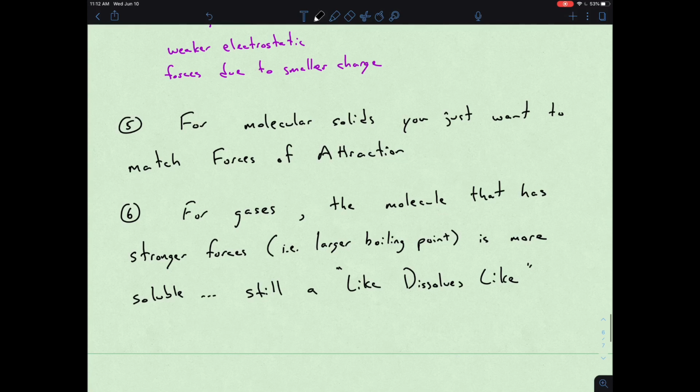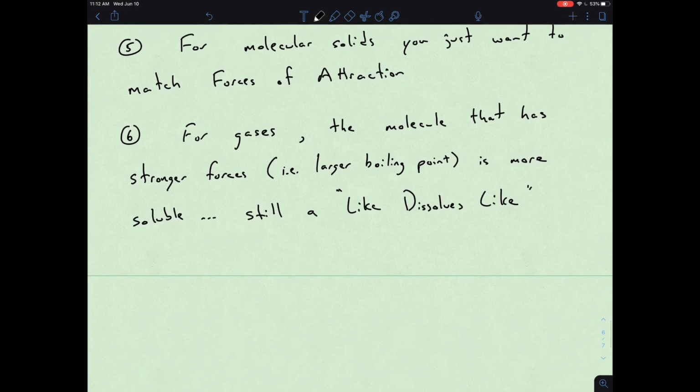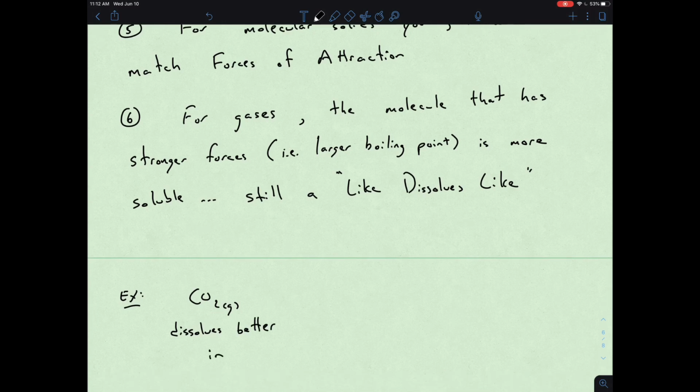So if we were looking at an example of carbon dioxide, and what it dissolves in better, let's see, a choice of solvents. We could have dichloromethane versus carbon tetrachloride.